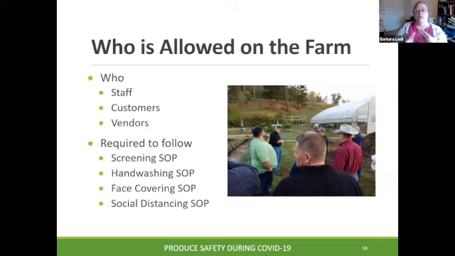If there's anything else you need, these are some of the key points that you need to have so that your staff, your customers, and any vendors coming on are very clear, can be provided that before they come, and the signage and information is up. So when they're there, they follow the rules to keep not only you and your employees safe, but also themselves safe as well. So it's again creating that whole culture.